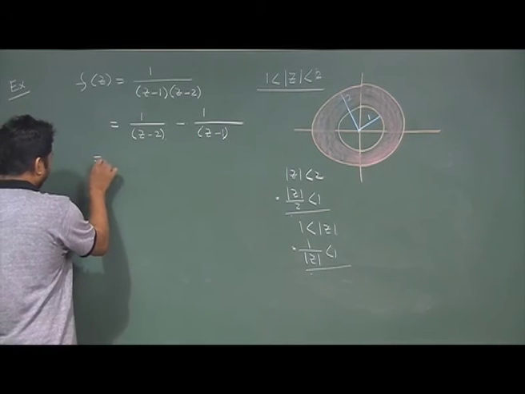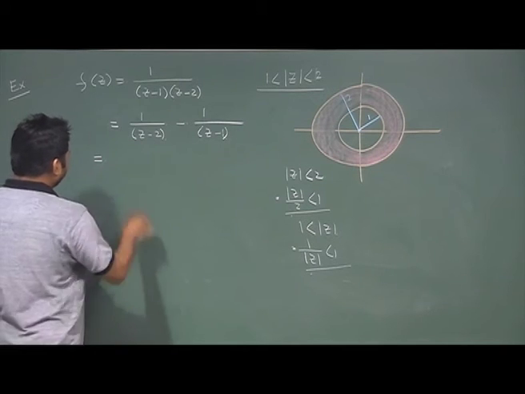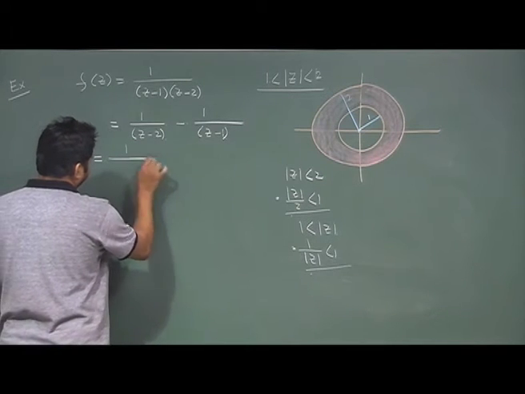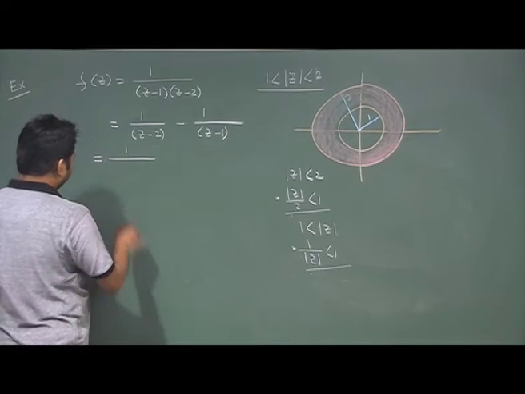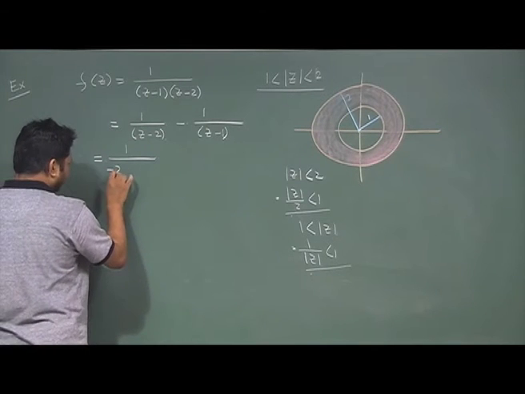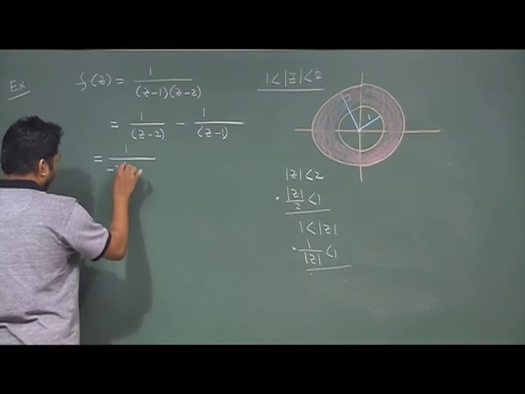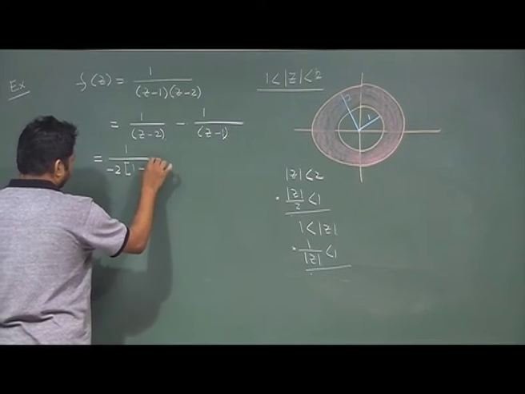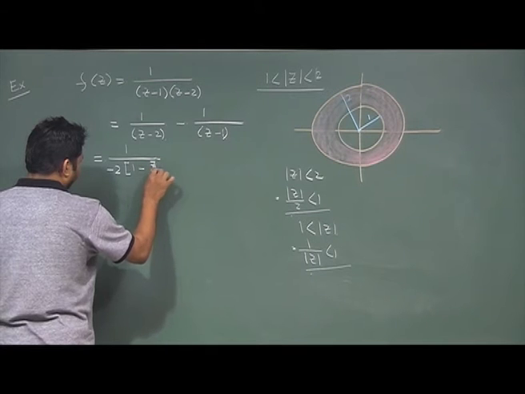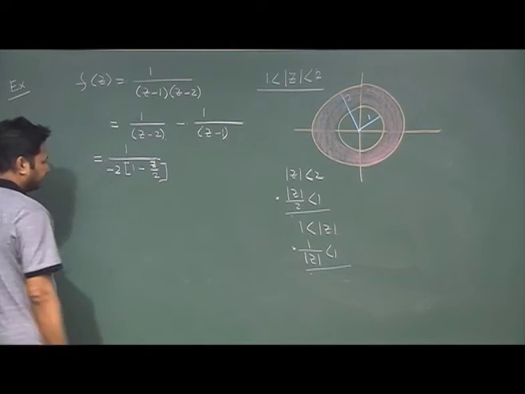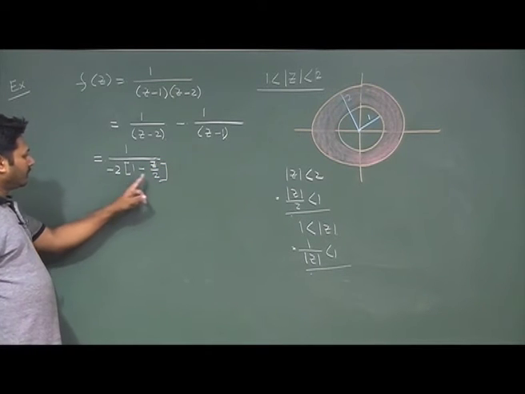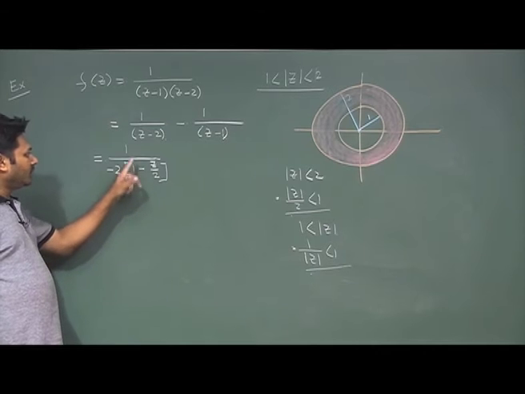Now, if I do that, it will be 1 divided by, taking a minus common out, minus 2, because I need to make z divided by 2. So, I will have 1 minus z by 2, and 2 multiplied by z by 2 gives the same thing.